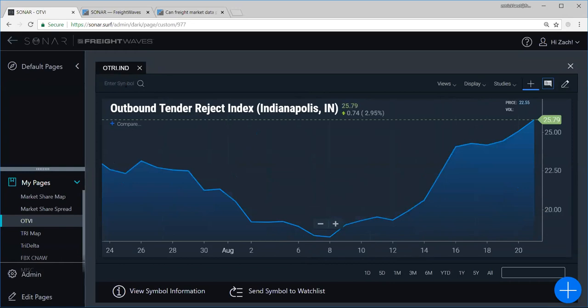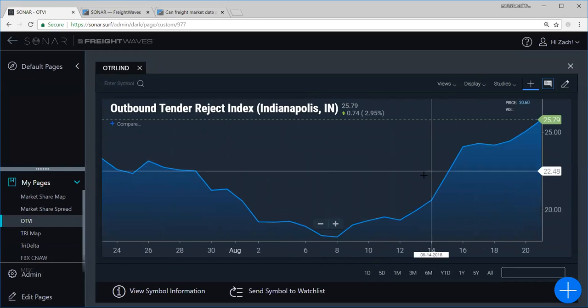But can we go a little deeper into seeing what is driving the exact tender reject index? So can we show some lanes?